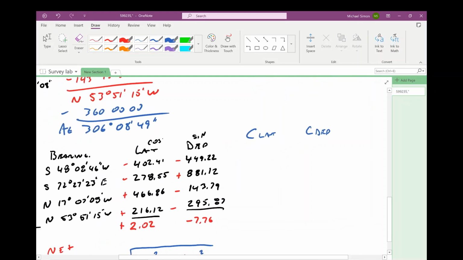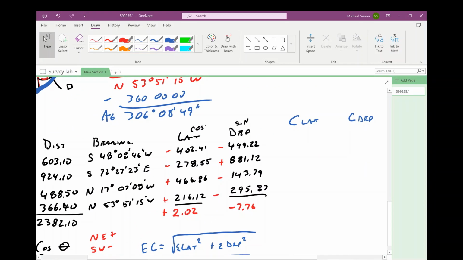So in this case, as far as the distance goes, we're looking at the distance for a given line over that perimeter. So we have 603.1 divided by 2382.1, and that will be times 2.02. So I'm getting a correction of my latitude of 0.51.